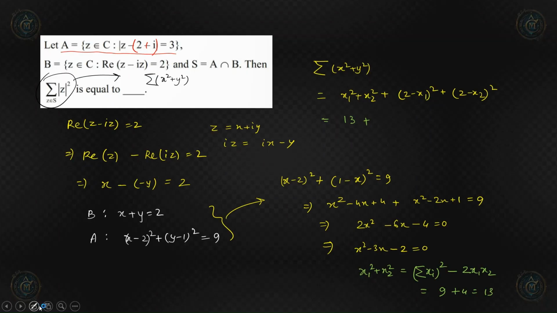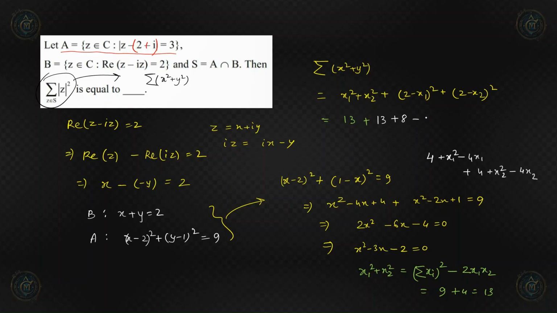Okay, so for this expression we can find easily, this will be 4 plus x1 square minus 4x1, sorry, this will be 4 plus x2 square minus 4x2, right? So from here again x1 square plus x2 square is equal to 13, then plus 8, right?